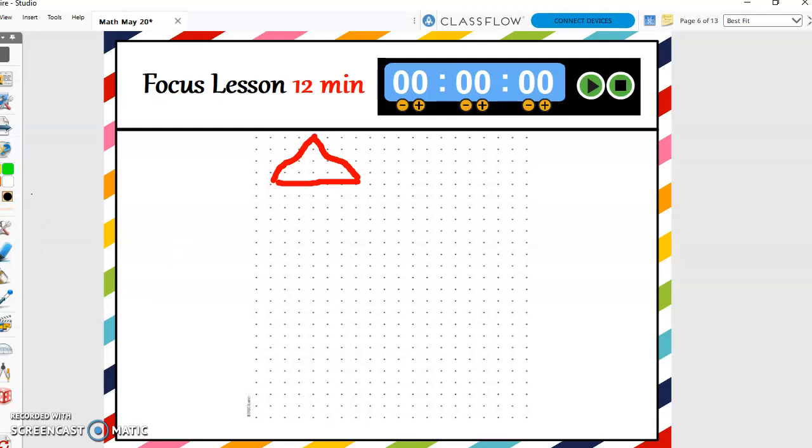I'd like it to be in between there if I can. Okay, and then I'm going to go in here and I'm going to draw a square. Oh, that's kind of a sad looking square.